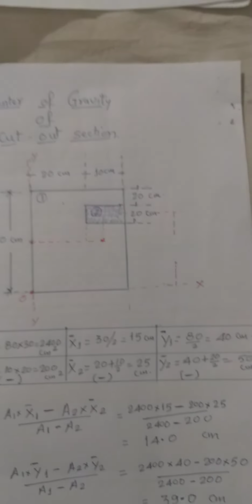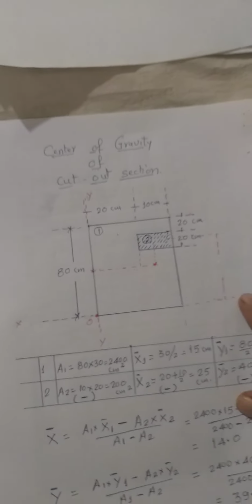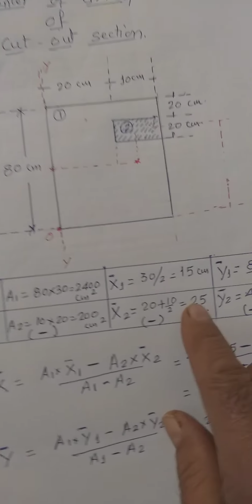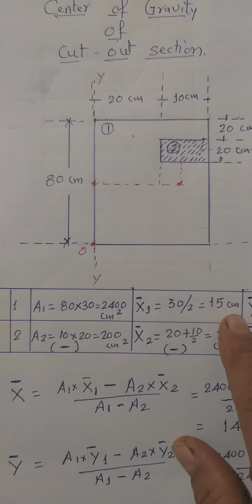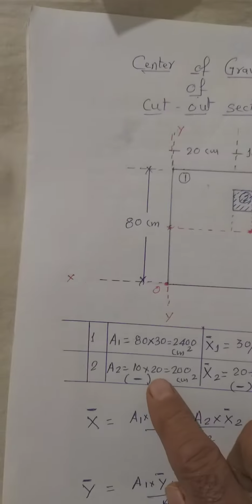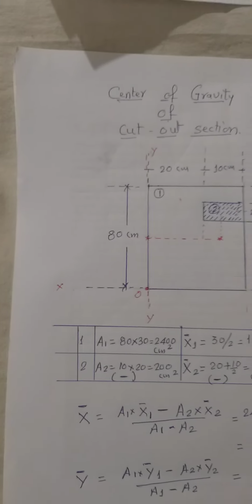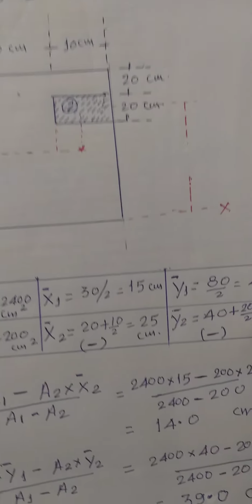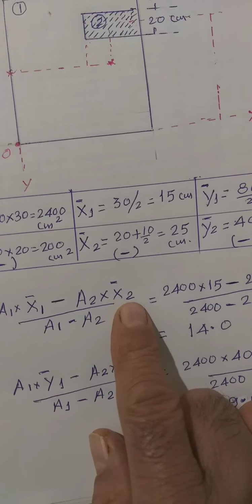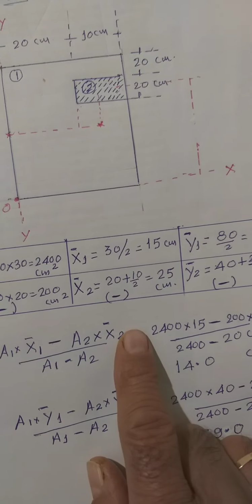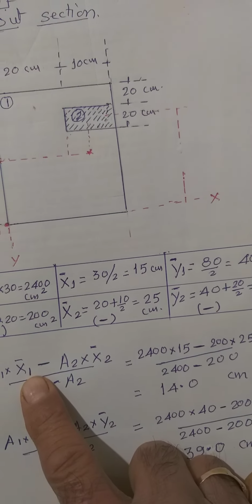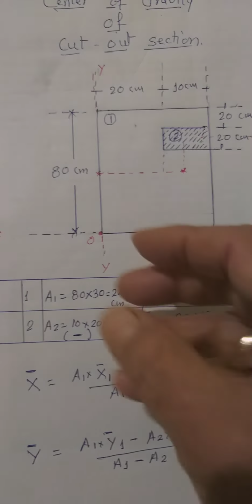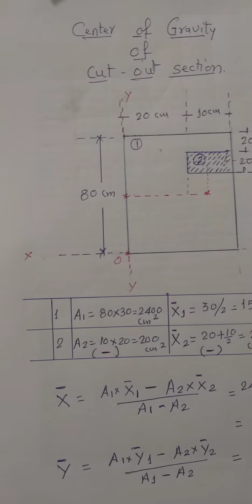Once these values are known, once the table is formed, then don't say that when I am talking about the minus, it is to be taken as plus. It is not like that. That minus A2 and minus x bar 2 will become plus? No, it is only the indication that this is to be subtracted, because it has been cut out and thrown away.